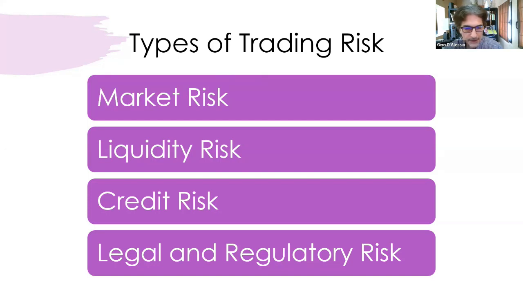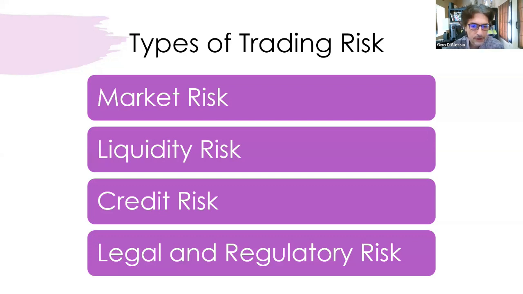So this is the first risk we face, and clearly the most obvious, because you can make money trading, but the offside to making money in trading is that you have a risk of losing money. So the first and principal risk is market risk.